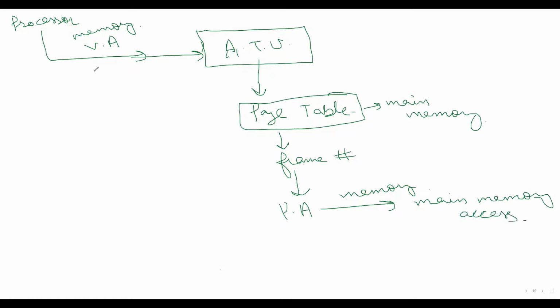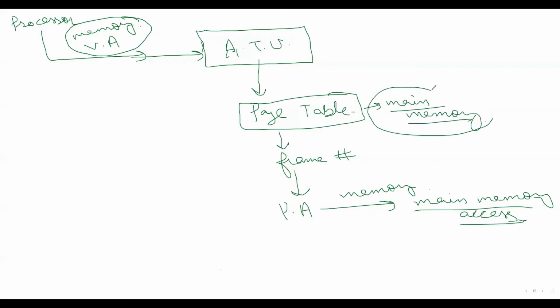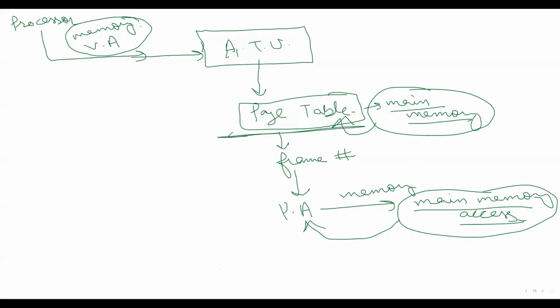So you can see that in this particular scenario, to access a memory, we have to access it how many times? Two times. One for accessing the page table and another for accessing the actual data. So for every memory access, we have to access the main memory two times, because we have to access it for the page table, and that will decrease our performance.